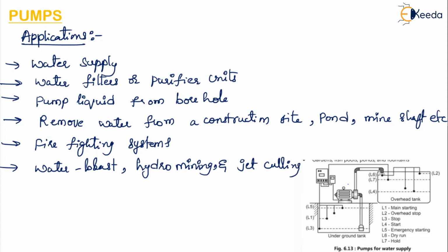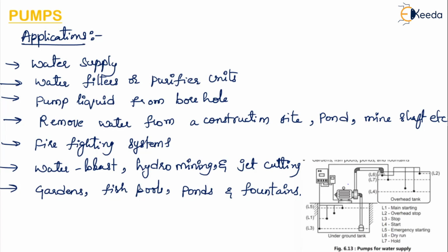So high speed water is used for jet cutting purpose. Then they are used in gardens, then fish pools, then ponds and fountains. So these are all the applications of the pumps in water supply.